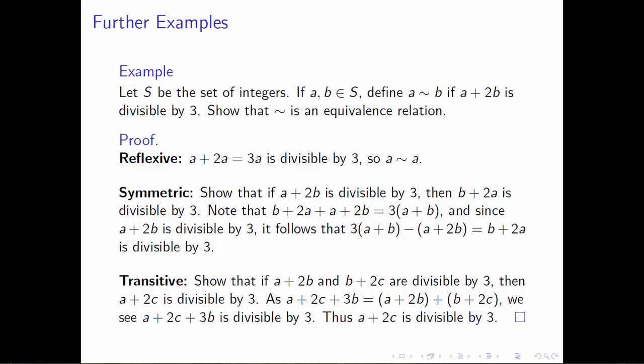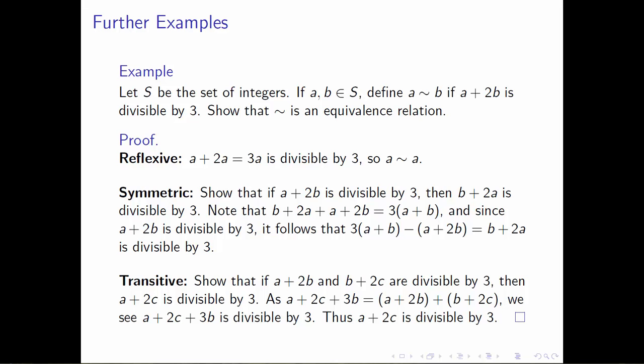So here, let's take a look at a plus 2c, which is the number in question. Let's add on a multiple of 3 to that, which is 3b, very obviously a multiple of 3. And let's regroup all the terms that we have. Let's break up that copy of 3b, let's take 2 of those copies of b and add them to the a first, and then let's take that leftover copy of b and add it to the 2c. And then what I'm looking at is this quantity a plus 2b, which I'm assuming is divisible by 3, and b plus 2c, I'm also assuming that that's divisible by 3.